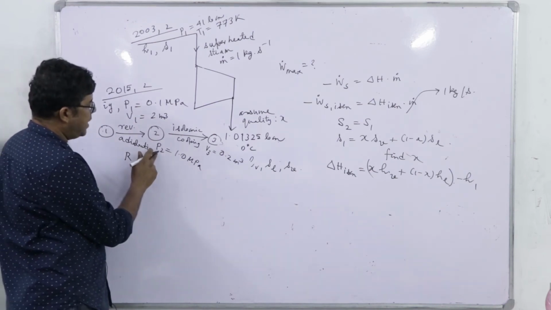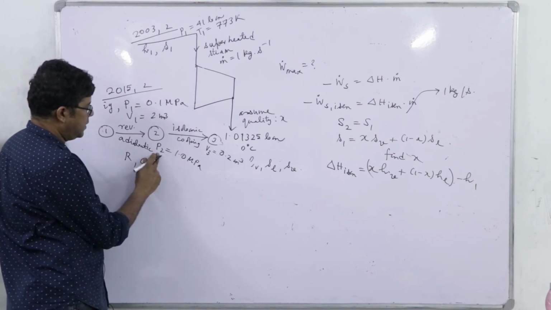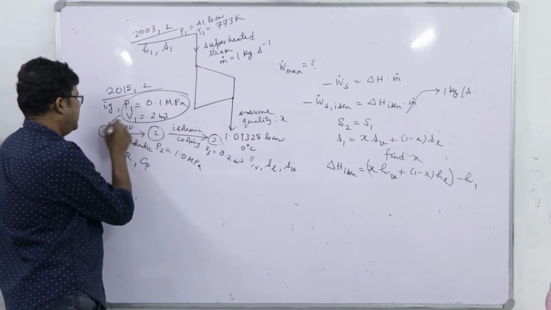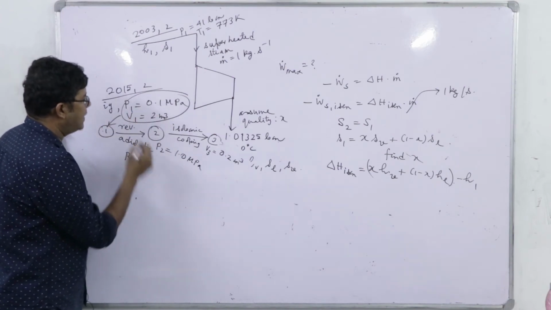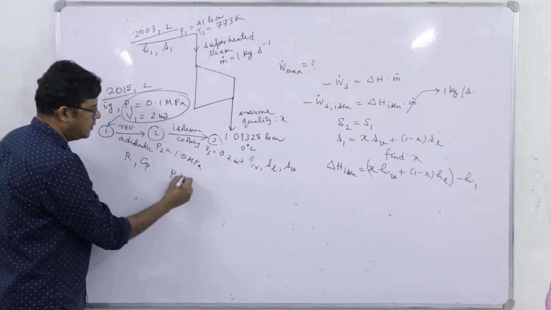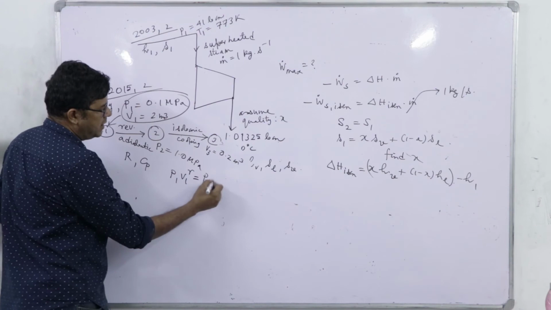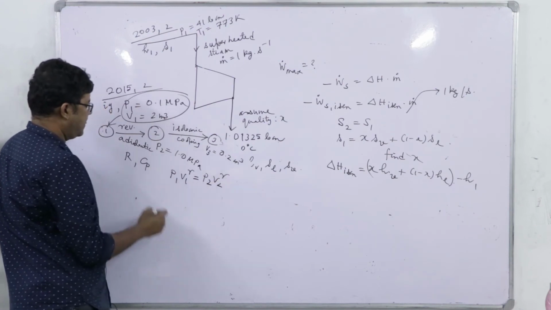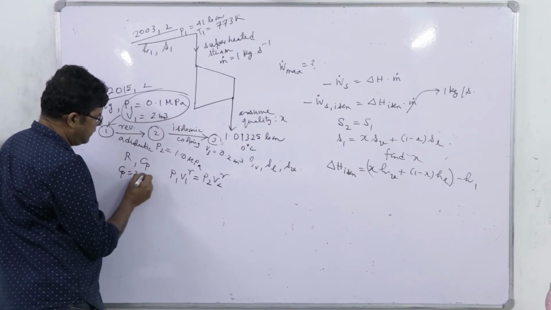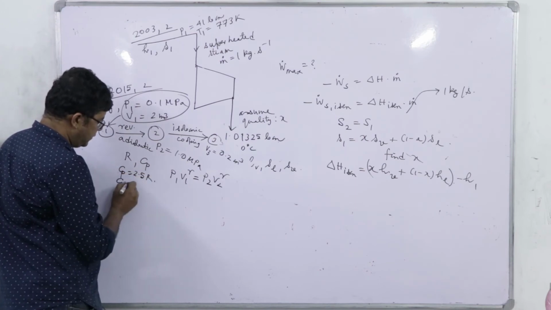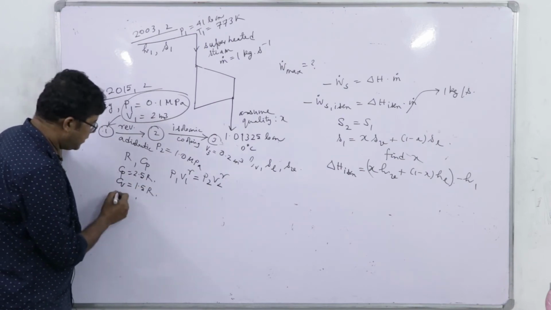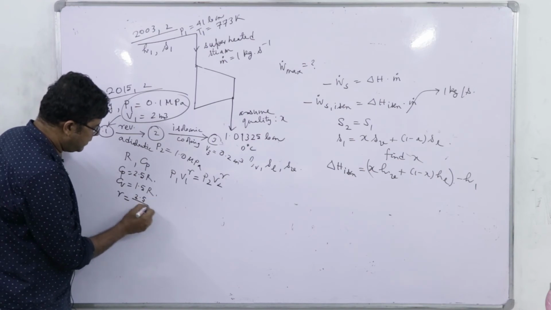So, we have the final pressure, and here we know the initial pressure and volume. As it is an ideal gas and a reversible adiabatic compression, P1 V1 to the power gamma equals P2 V2 to the power gamma. And gamma we can calculate from the Cp, which is given as 2.5 R. So, Cv equals 1.5 R because Cp minus Cv is R. So, gamma equals 2.5 divided by 1.5.